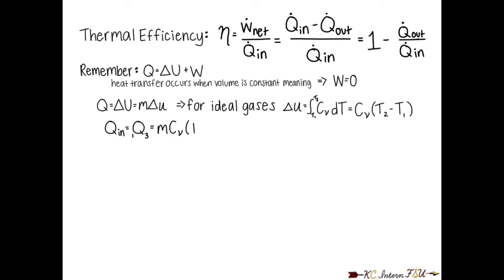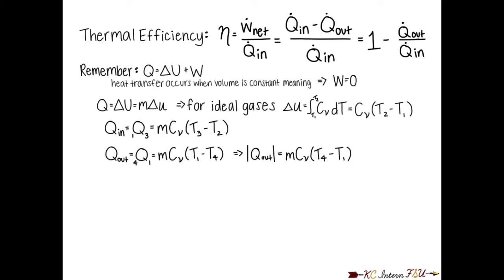This makes Q in, which for this case is Q1 to 3, equal to m CV times T3 minus T2. Q out, which is Q4 to 1, is equal to m CV times T1 minus T4.